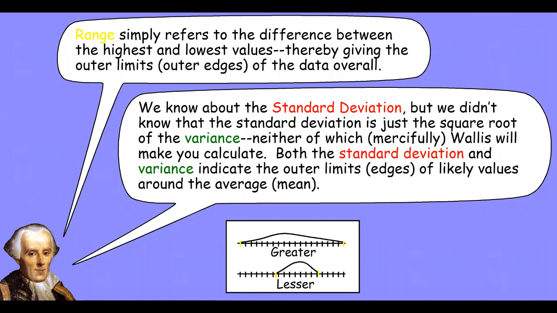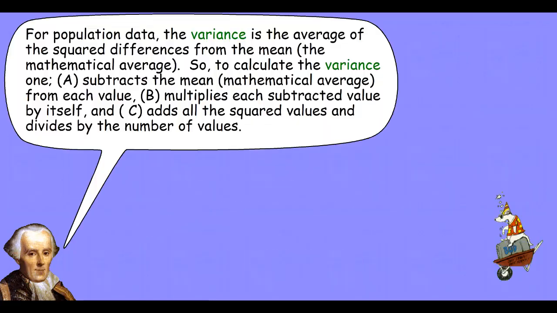Both the standard deviation and the variance indicate the outer limits of likely values around the mathematical average, or the mean, and this is why they played such an important role in our inferential statistics. So for population data, the variance is the average of the squared differences from the mean.